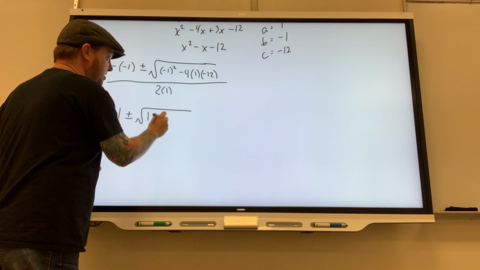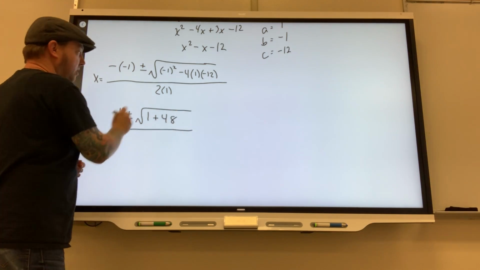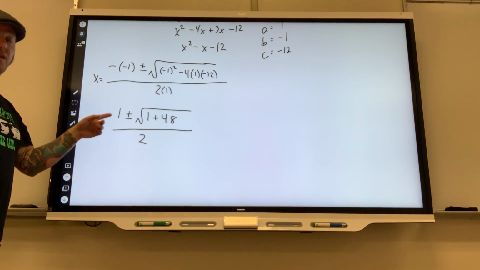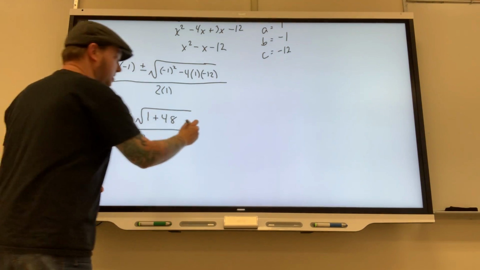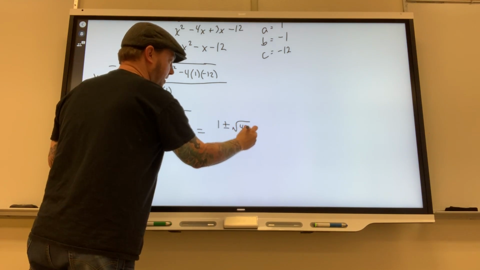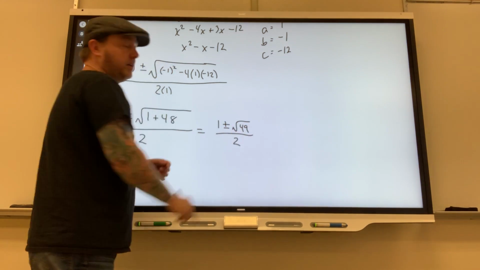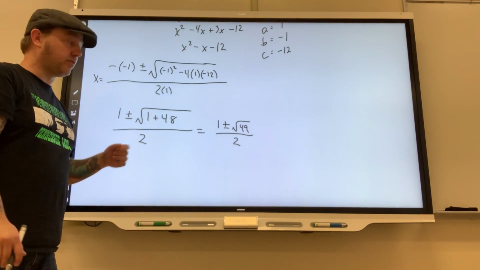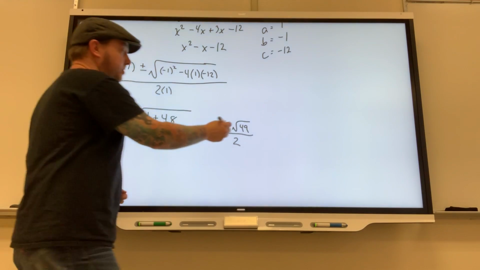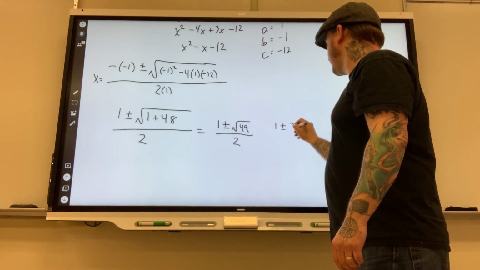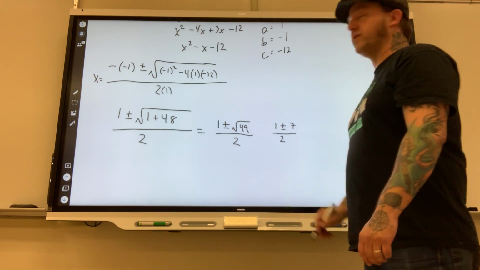So this is plus 48 all over 2 times 1, which is 2. So we've got 1 plus or minus root 49 all over 2. What's the square root of 49? 7 is correct. Good. Okay. So 1 plus or minus 7 over 2.